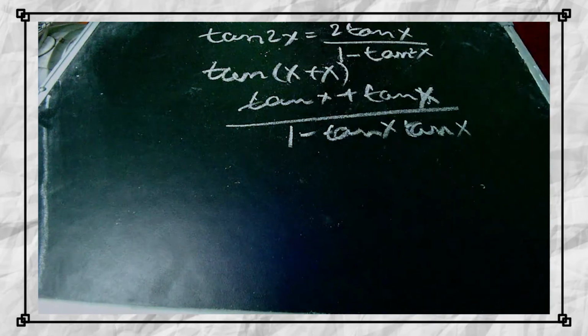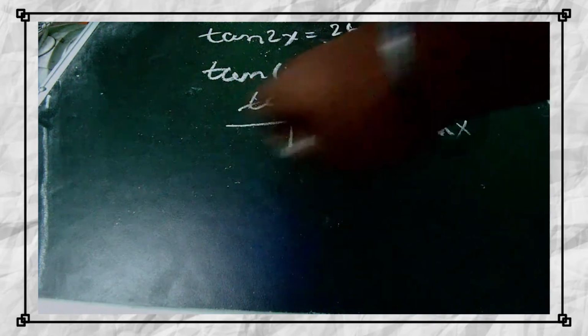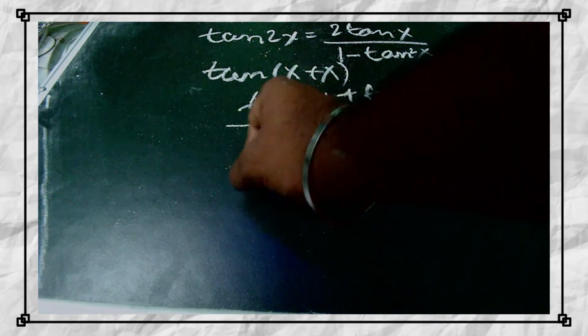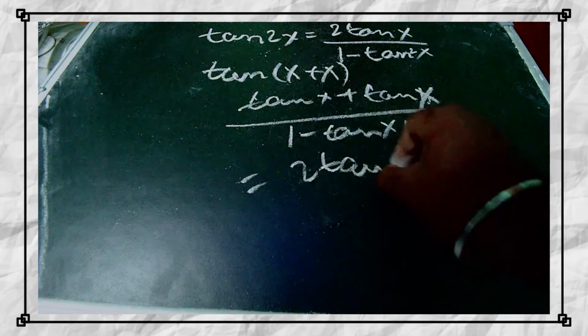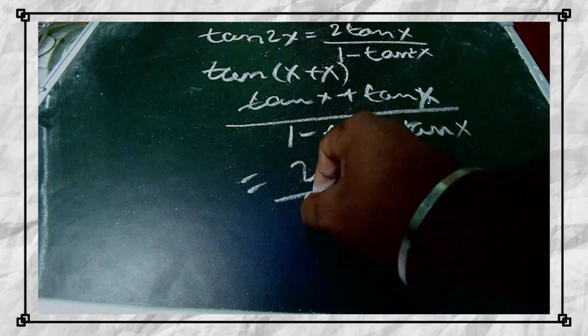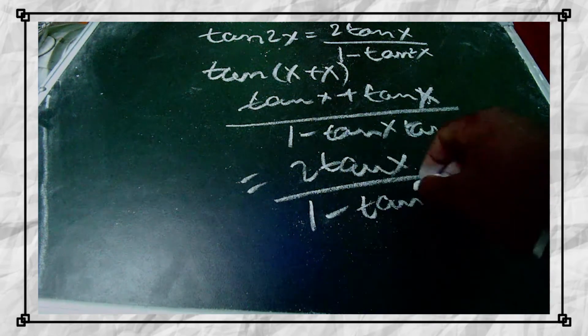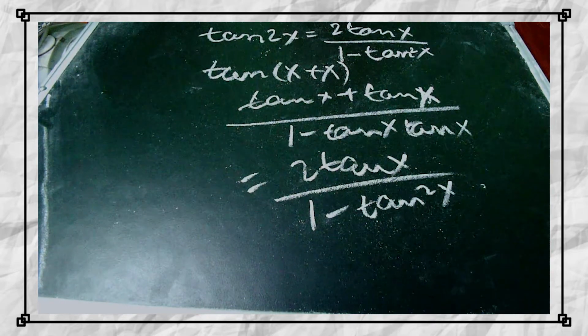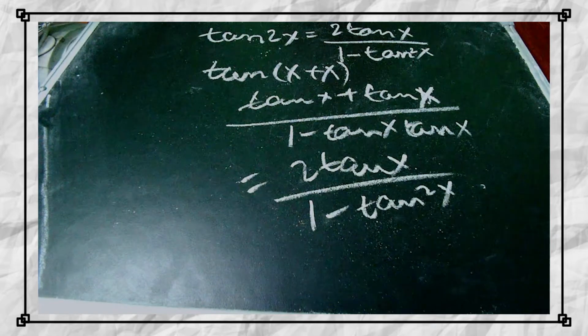So tan of x plus x will be tan of x plus tan of x whole divided by 1 minus tan of x into tan of x, and this will be equal to 2 tan x in the numerator, whole divided by 1 minus tan square x.